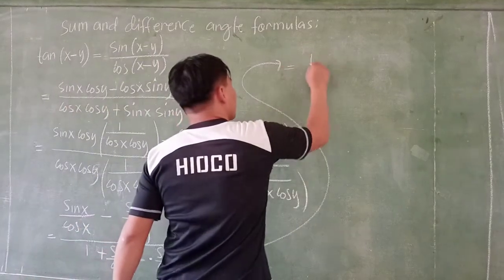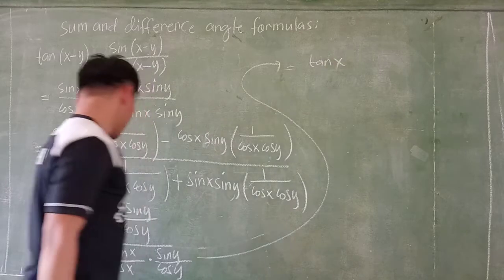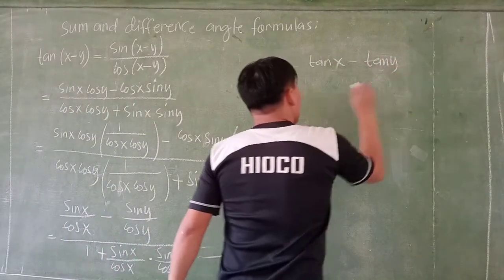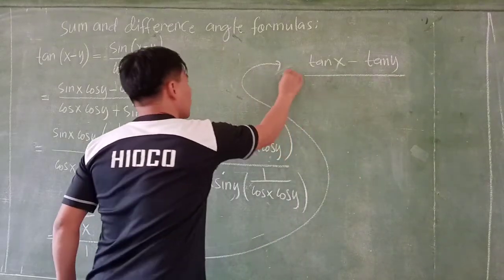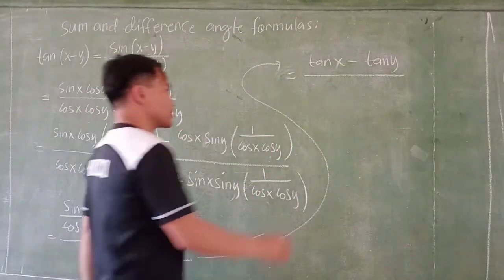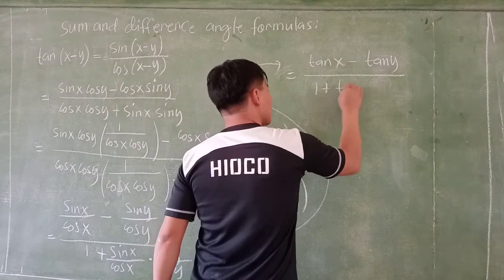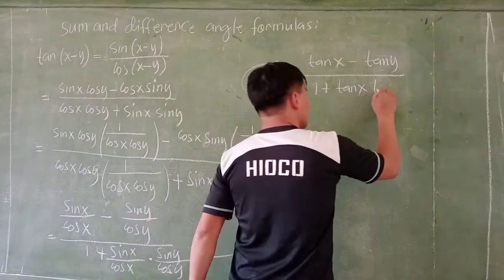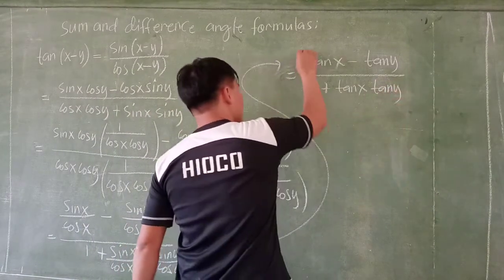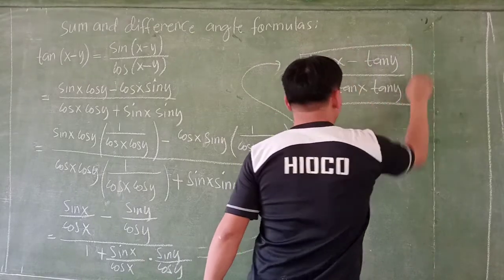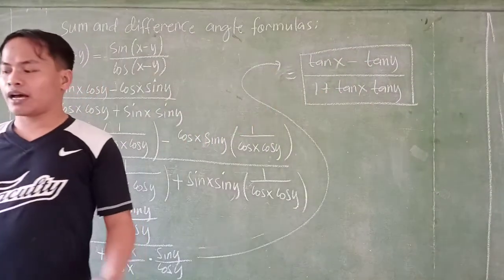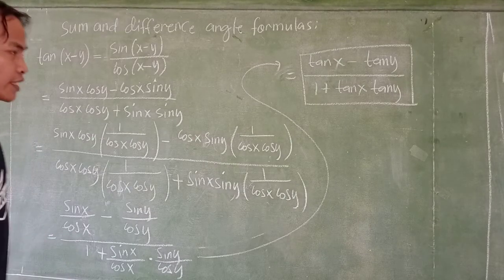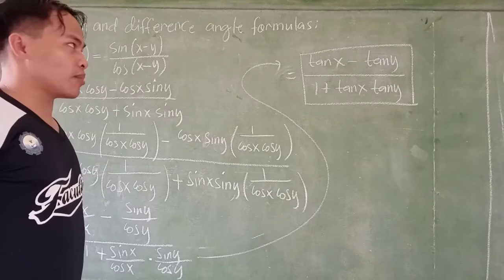We have here tan x minus tan y over 1 plus tan x times tan y. So this one is the formula that can be applied for the difference between two angles for the tangent. Let us have some examples so that you will know how to apply this one.